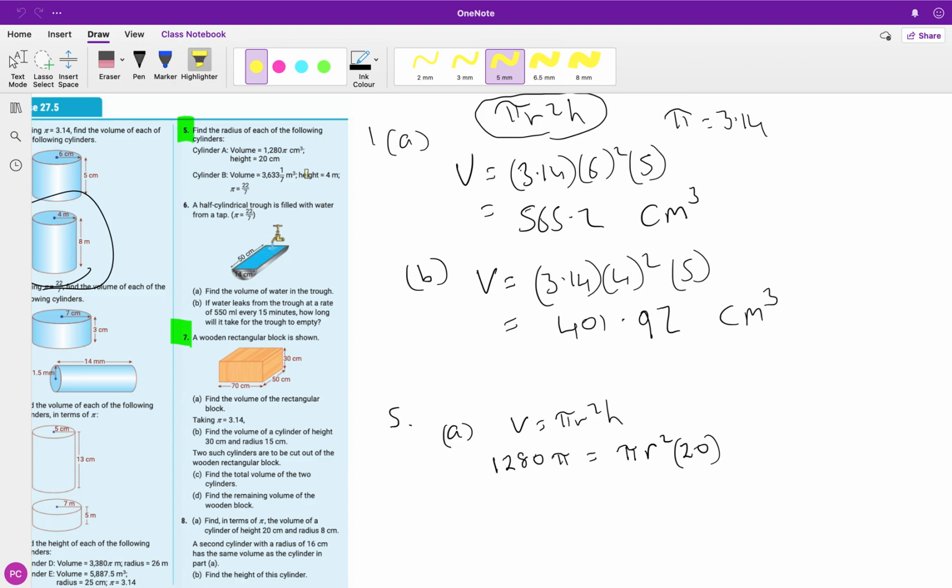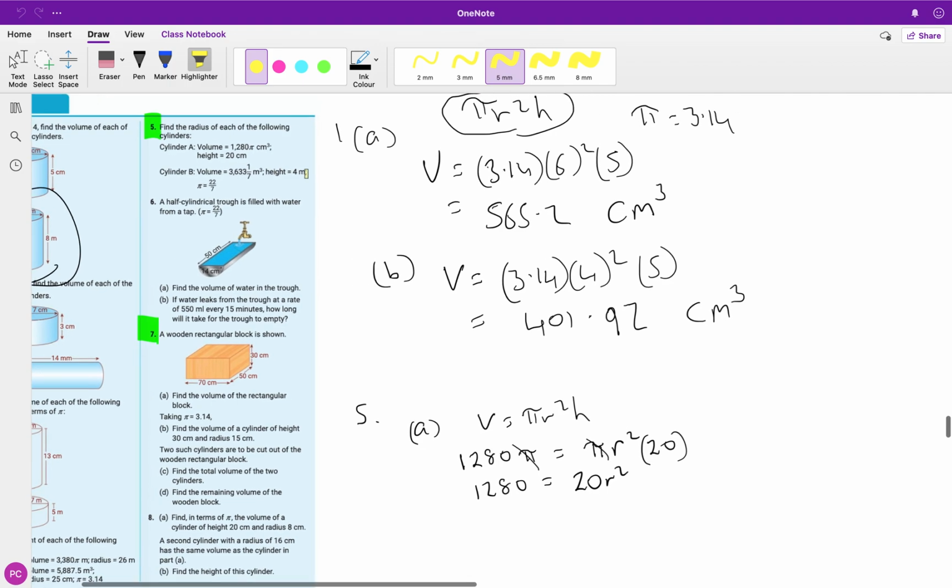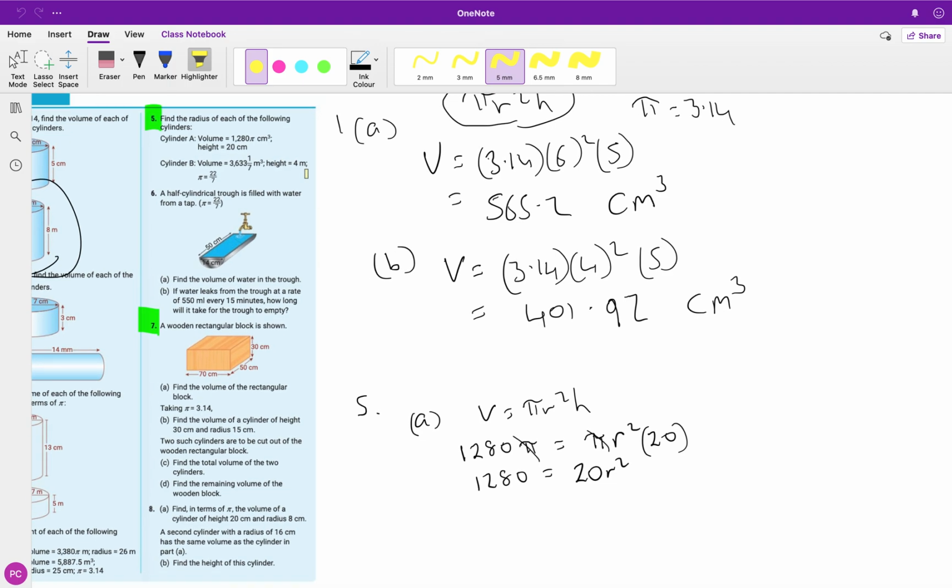Now, you could divide both sides by pi and get rid of pi straight away, or you could sub in 3.14, which would cancel out anyway. So what you end up with is 1280 is equal to 20 r squared, or r squared is equal to 1280 over 20, so r is equal to the square root of 1280 over 20.